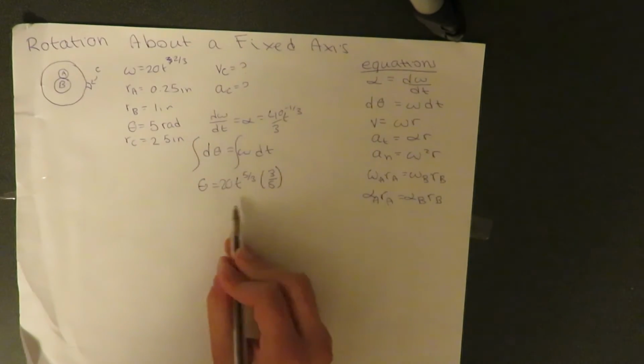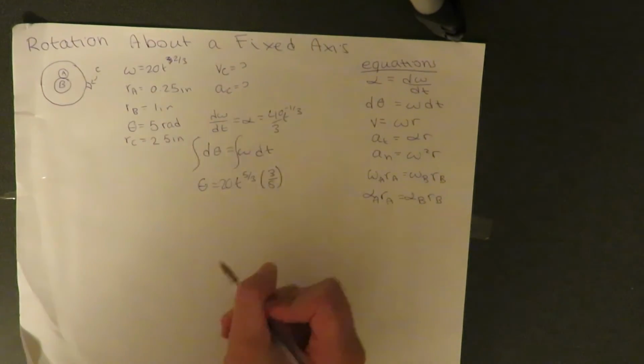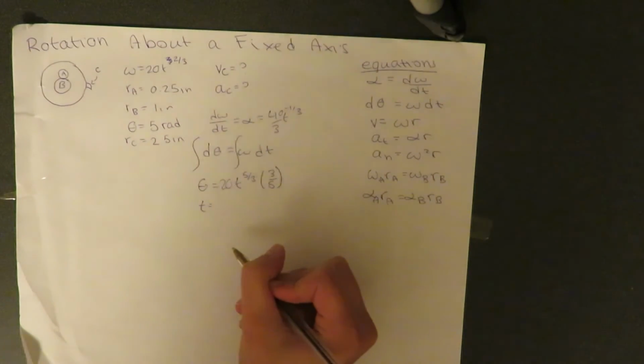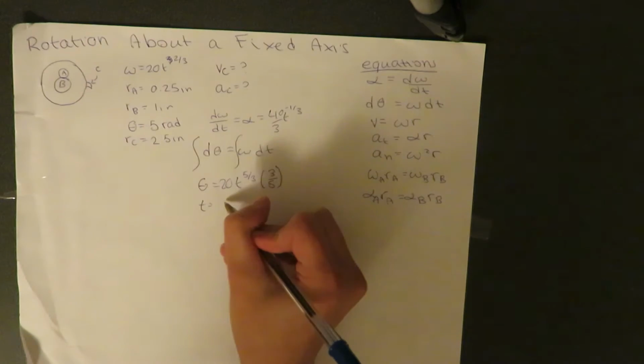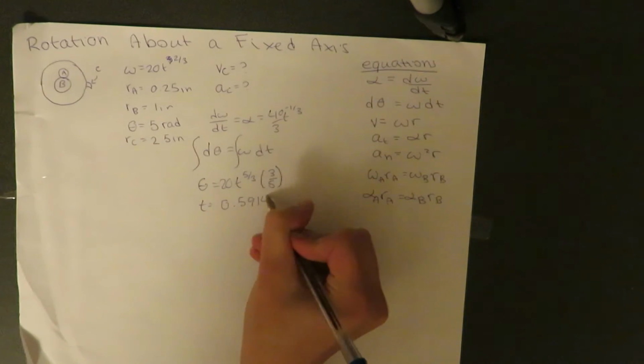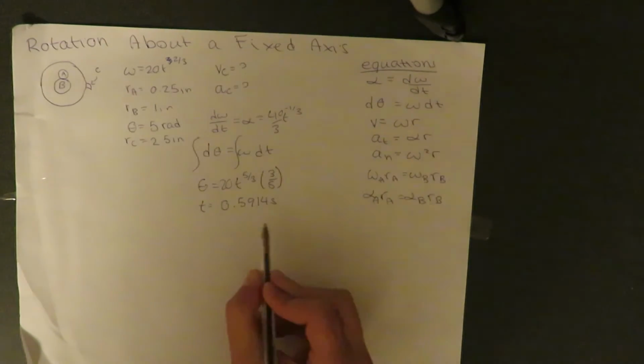So we know theta is equal to 5, so this actually allows us to solve for t. Solving for t gives us 0.5914 seconds. So, not very big.